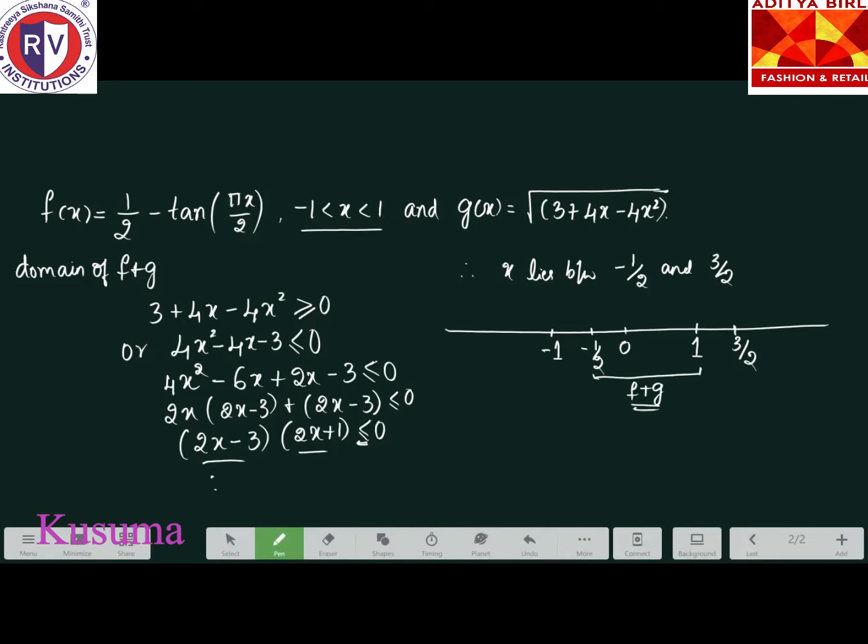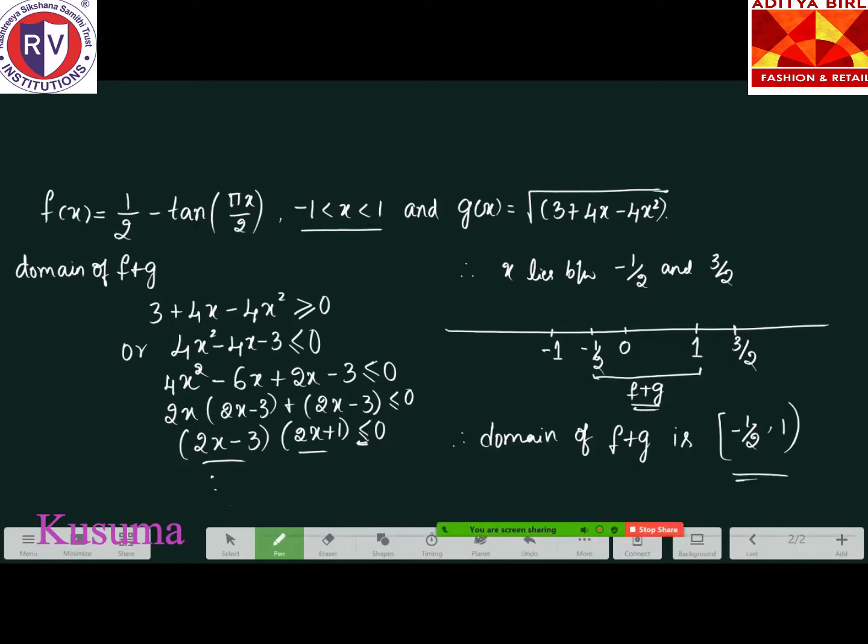Okay, therefore the domain of f plus g is minus 1 by 2, comma 1, where it is open towards 1, because 1 is not included in the common region, which is your option C, right? This is option C.